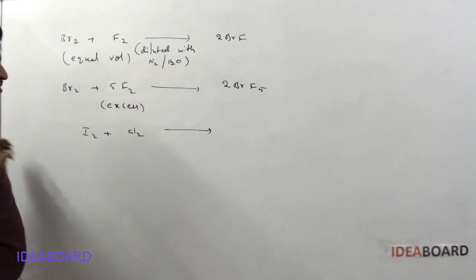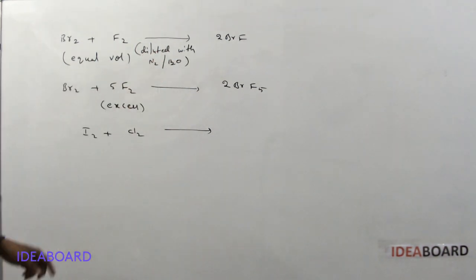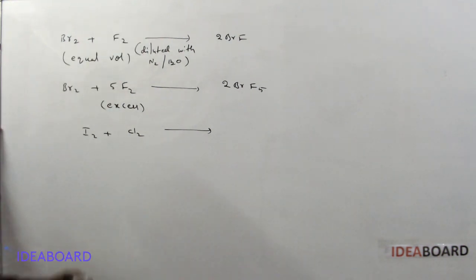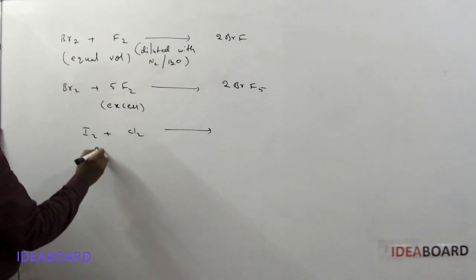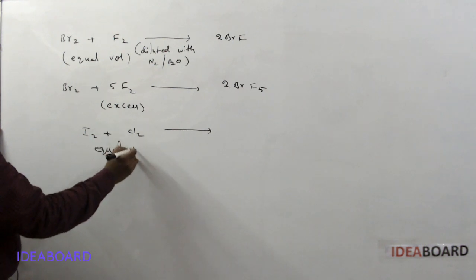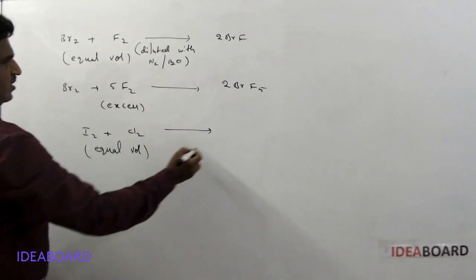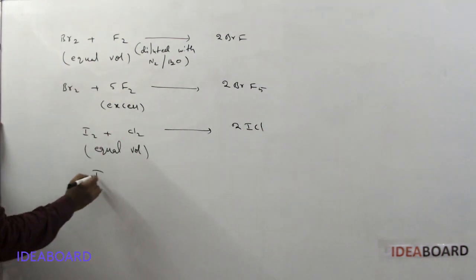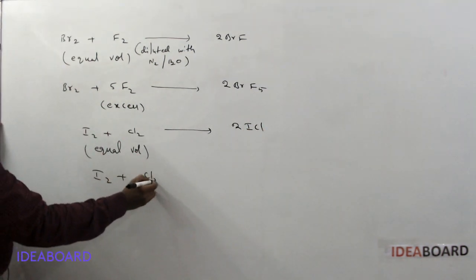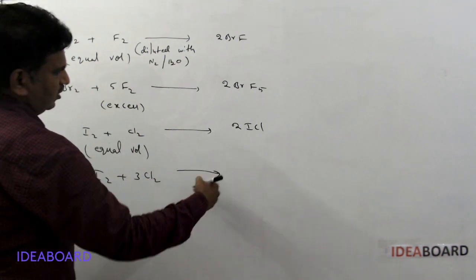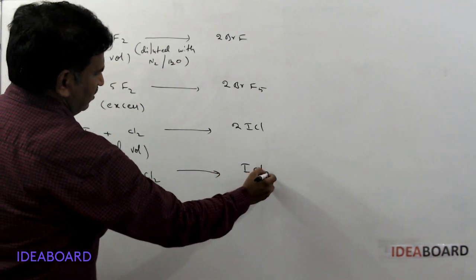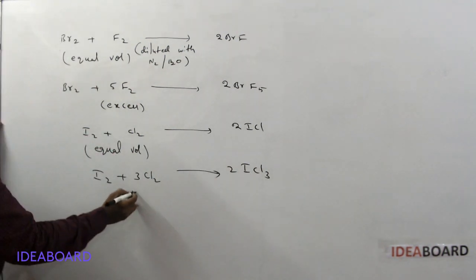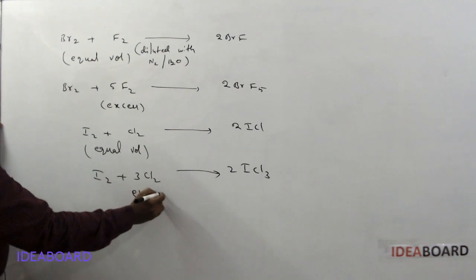Please remember, the solution is diluted with nitrogen or with water. I2 plus Cl2 in equal volumes, when reacting, forms 2ICl, and I2 reacts with Cl2 to form ICl3 when we take chlorine in excess.